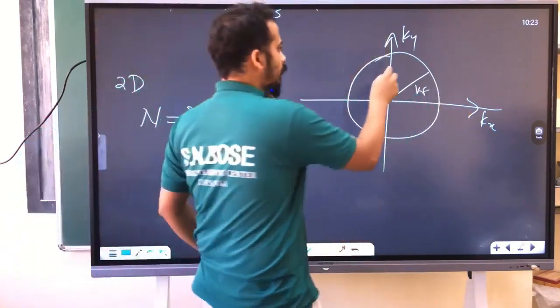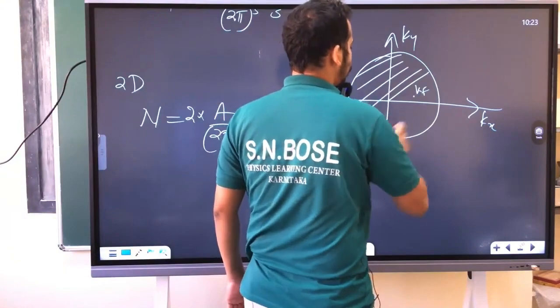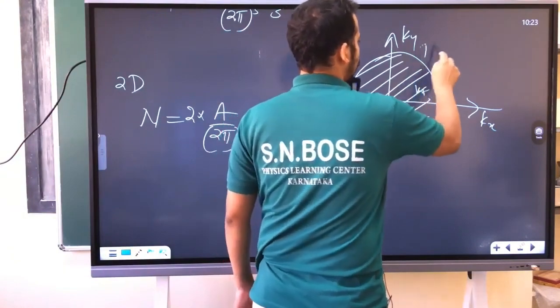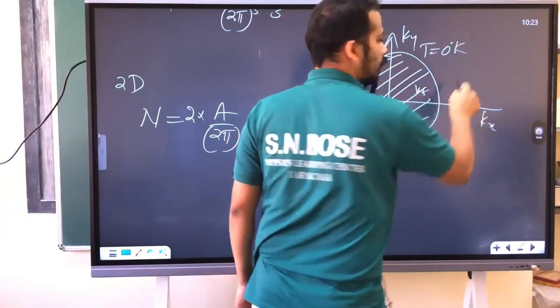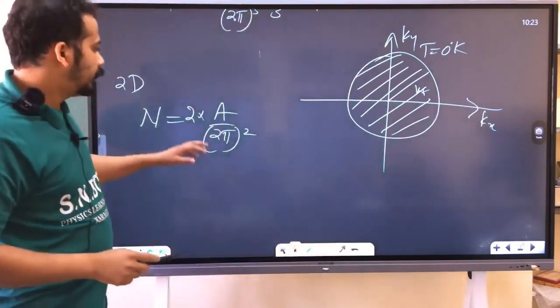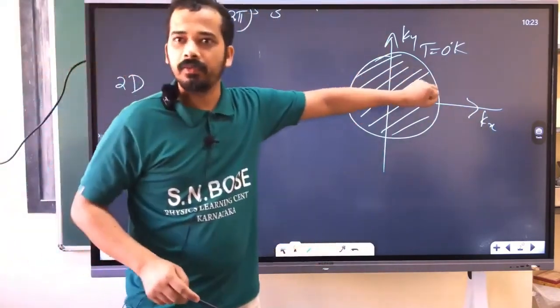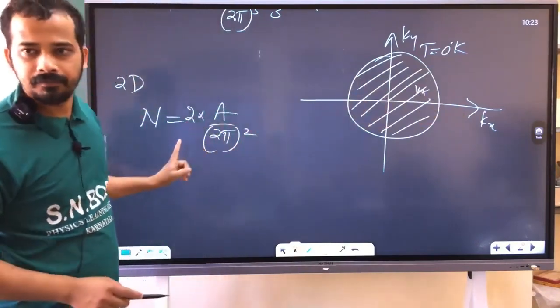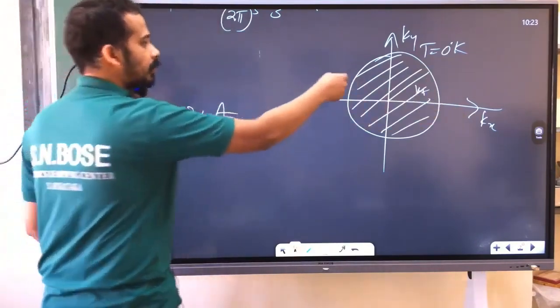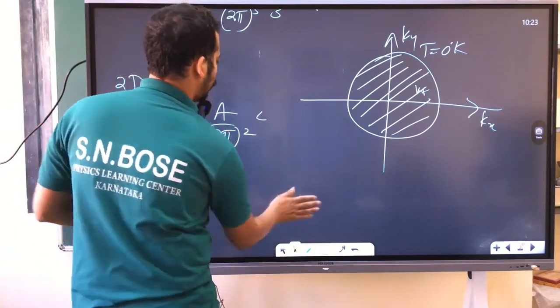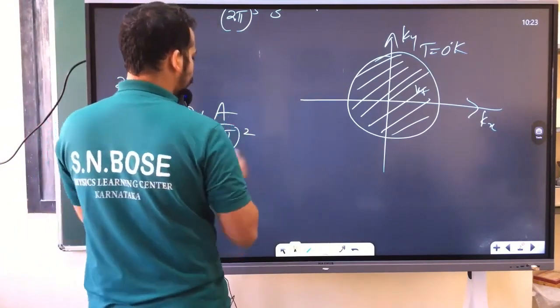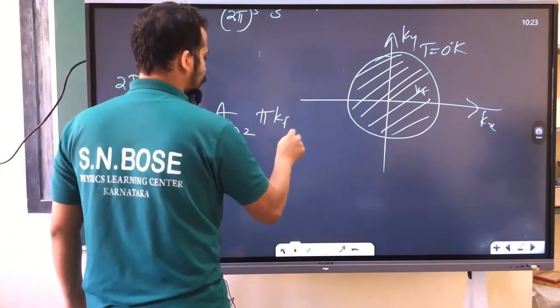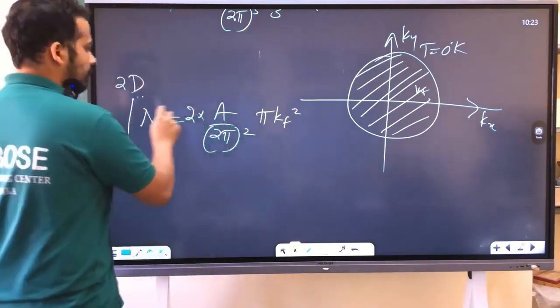All of the states within that are completely filled at T equal to 0 Kelvin. Then counting the number of states within that is nothing but counting the number of particles, taking care of spin degeneracy. What is the area? Pi into kf square. You got this expression directly.